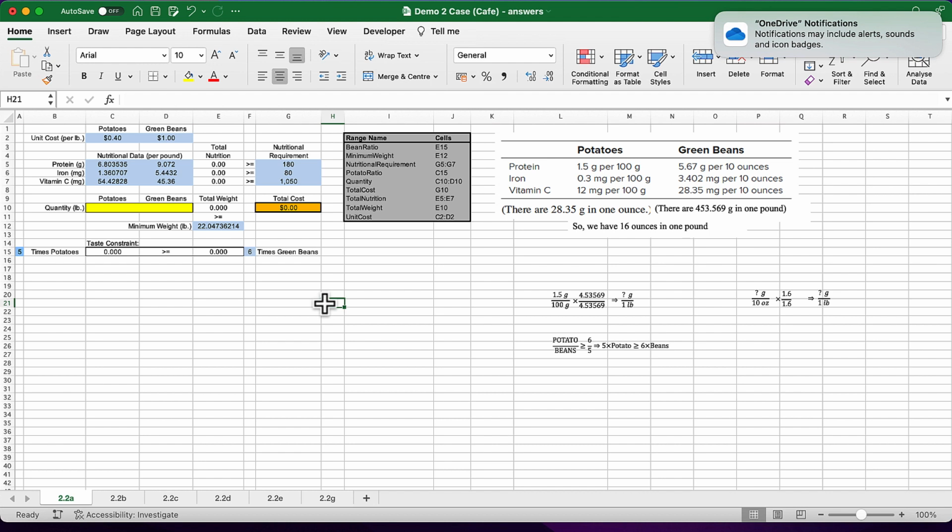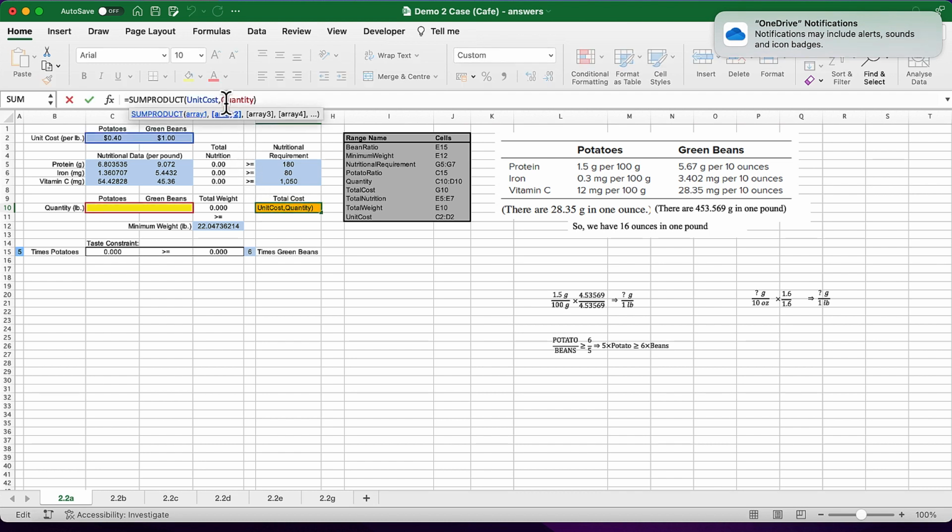But obviously, I will invite you to go and look at the individual formulas. For example, how do you evaluate the total cost, which is based on the unit cost and the quantity? So the quantity of potatoes times the unit cost plus the quantity of green beans times the unit cost, and everything is measured in pounds.